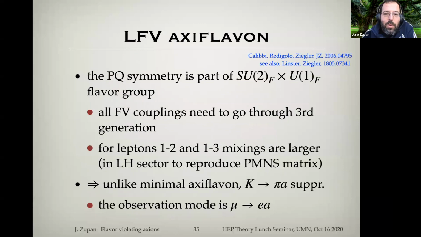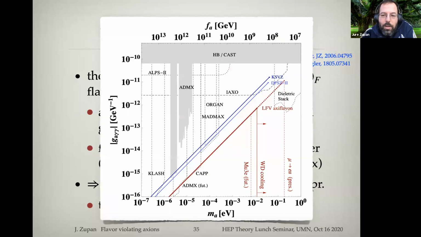Now, there are the two cases where you were explaining flavor and had a QCD axion at the same time. Was this LFV Axi-flavon, where the PQ is really embedded in the flavor symmetry, and then the bounds were this, no?